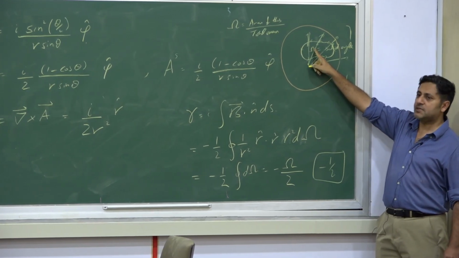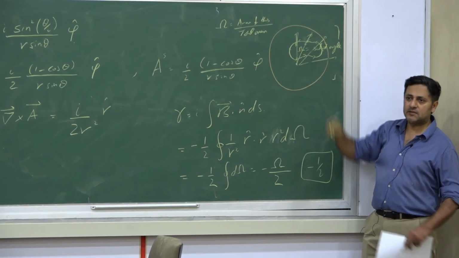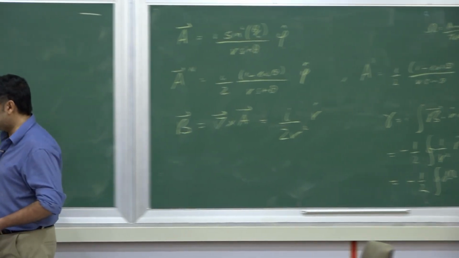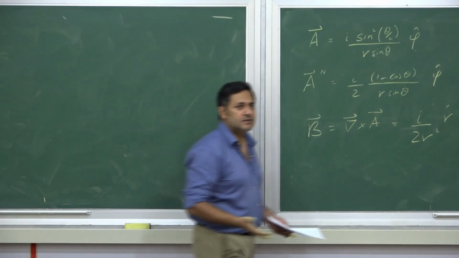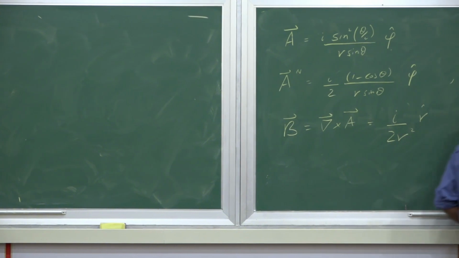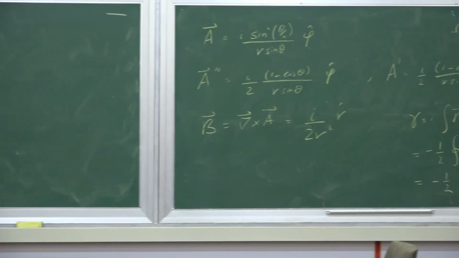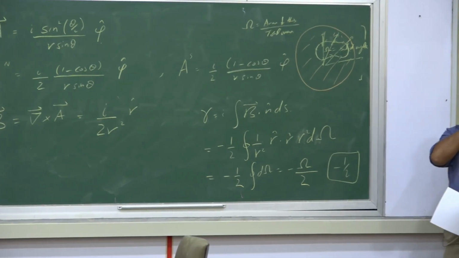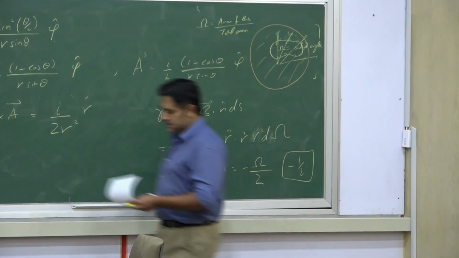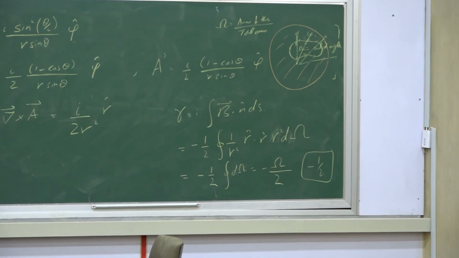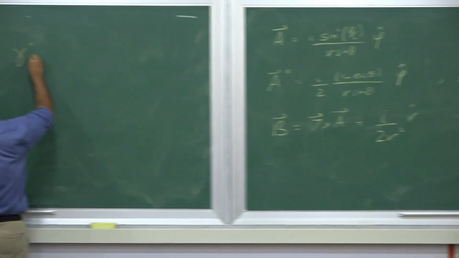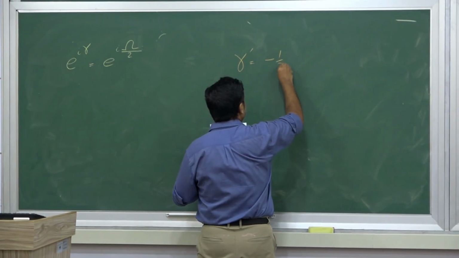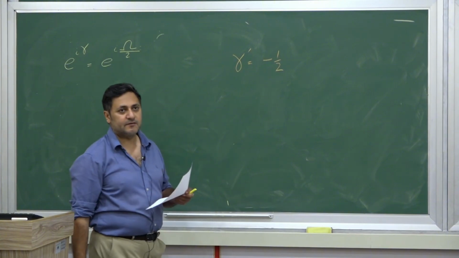But who says choose this? You can choose this thing as the interior. In a two-dimensional surface with no boundary, interior and exterior are completely arbitrary. So I can use this to compute the flux. And if I use that to compute the flux, then the Berry connection will turn out to be minus half the strength of the field.